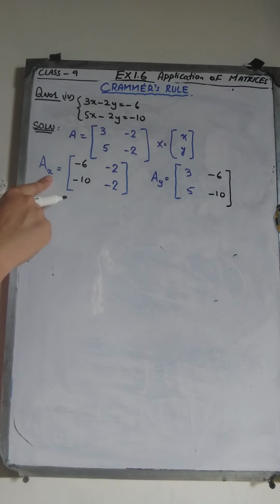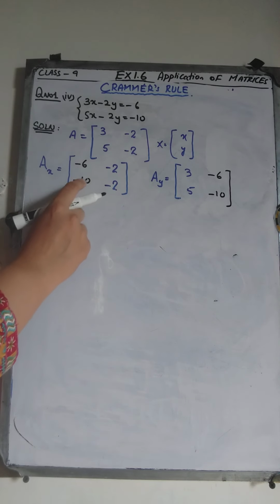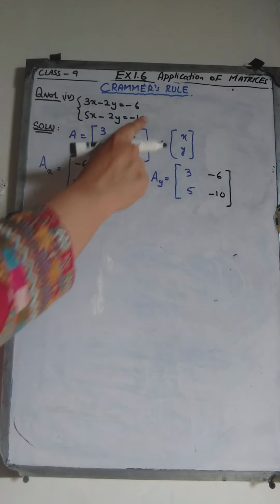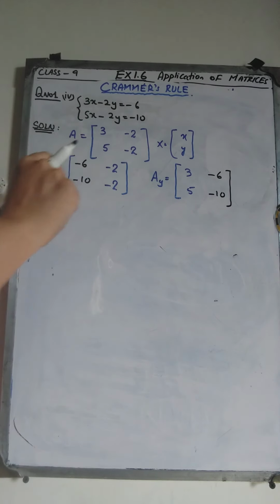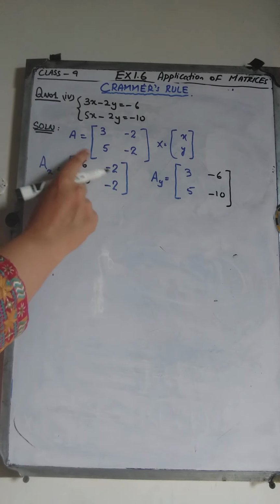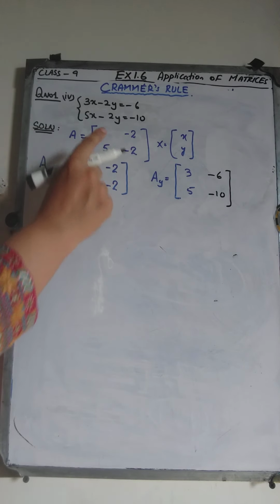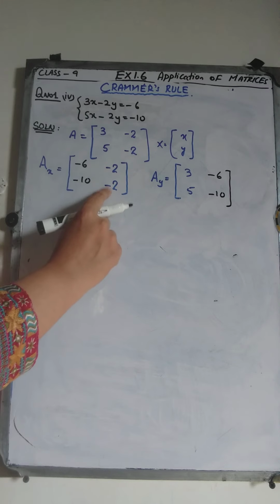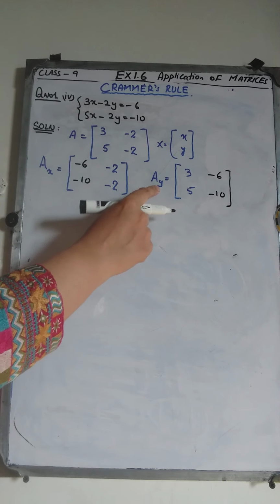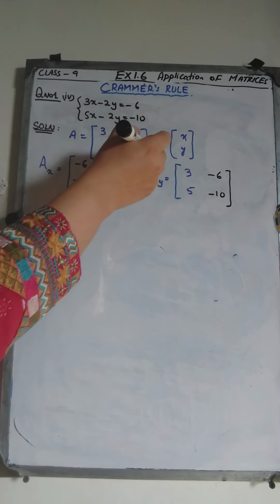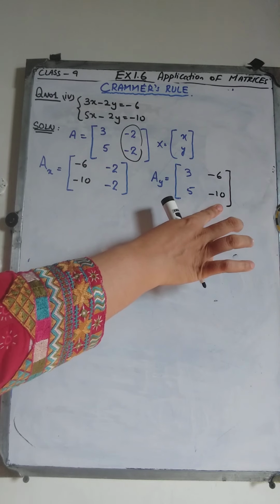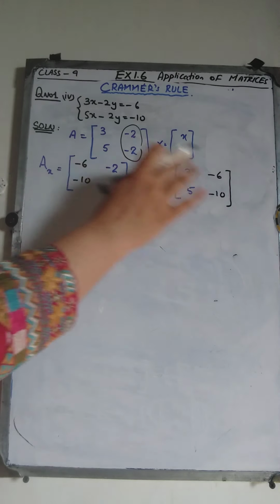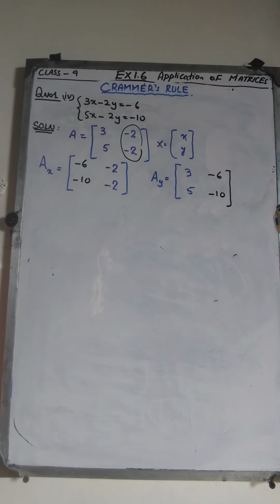In AX, in the first column we write the constants on the right hand side of the system of linear equations, in place of the coefficients of x, and we write the coefficients of y as they are. In AY, we write the first column as it is and replace the second column with the constants. So these are the three matrices which will help us solve this system of linear equations.